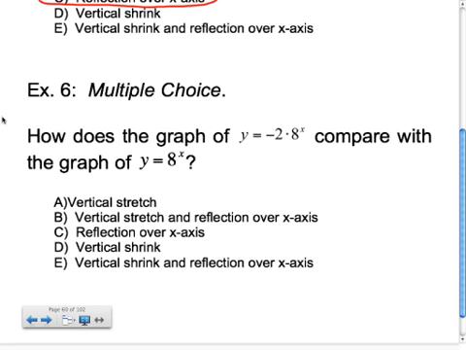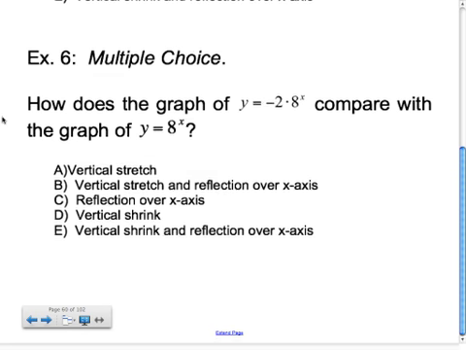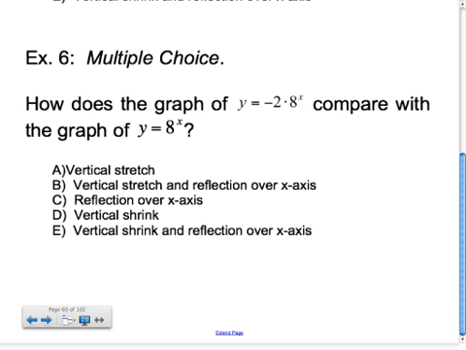The last example we're going to look at says, how does the graph of y equals negative 2 times 8 to the x compare with the graph of y equals 8 to the x? First of all, I know that the a value, the negative 2, is negative, so immediately I know it's a reflection.